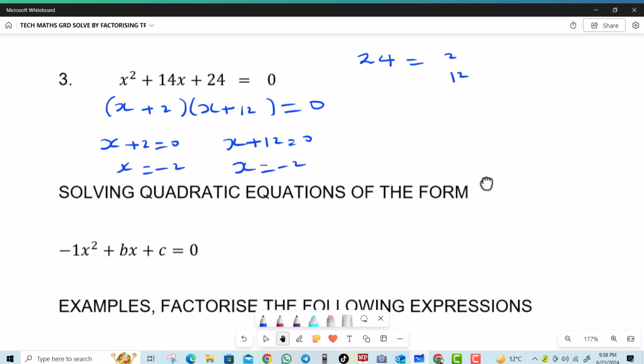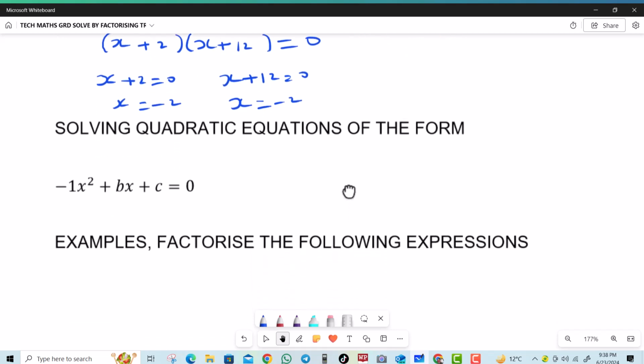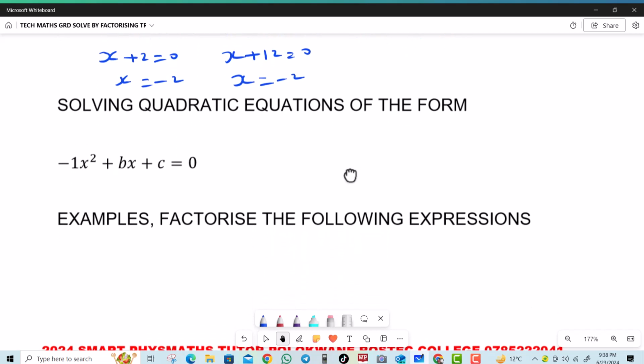Now, in grade 10, another form which we need to learn is this one, which says negative 1x squared plus bx plus c equals 0. So let us first see how to factorize.